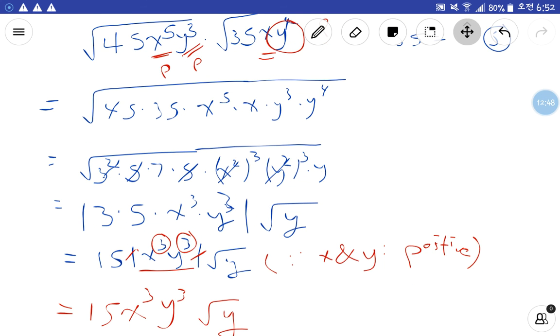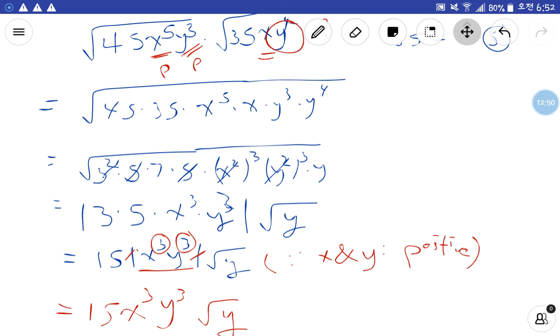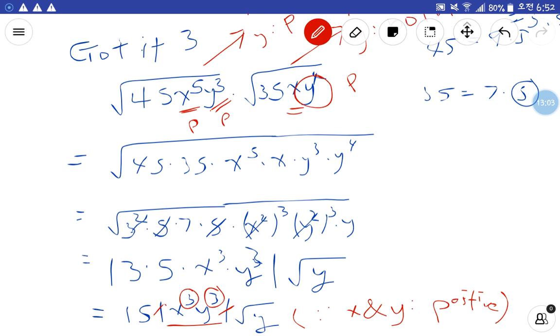So I hope you don't have any problem doing the prime factorization up to the last part, 15x cubed y cubed square root of y. And then you always put the absolute value around it once you have index 2. So check it out. And then you look at your x and y. You need to consider both of them.